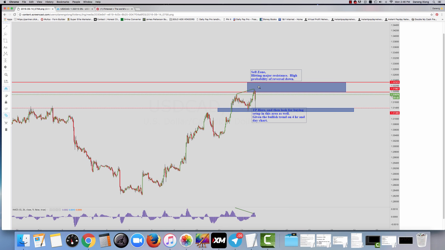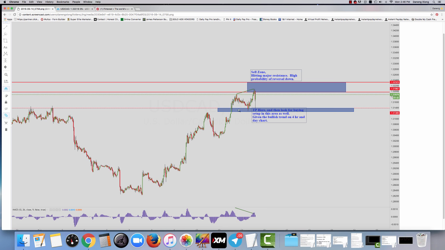Anywhere here will make you a win, but of course you want to get in at the right spot to reap the best benefits. Of course, we don't know what the market's going to do, but that's why we have a little zone here so that you can play around in this area to see when's a good time to do your short.